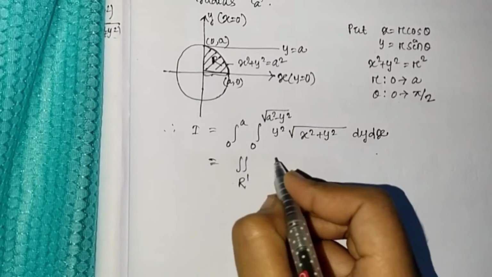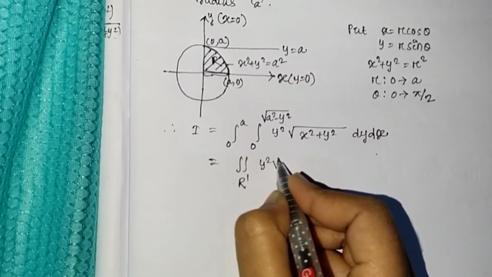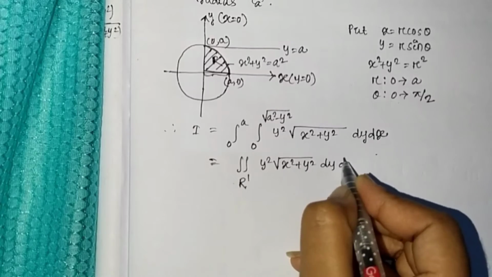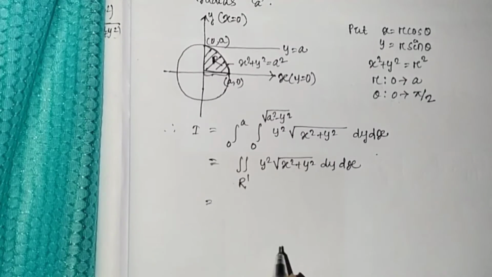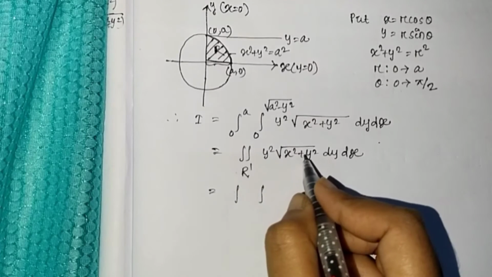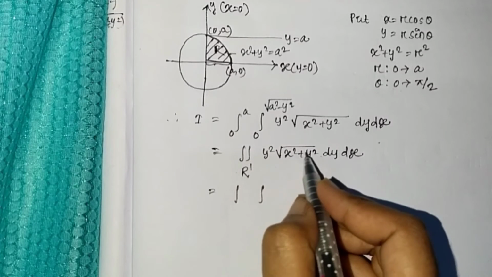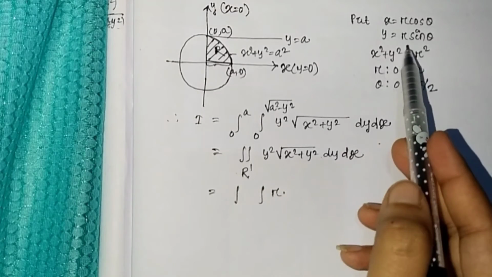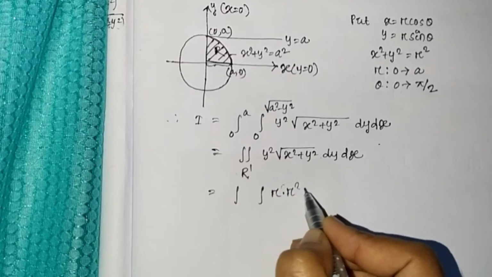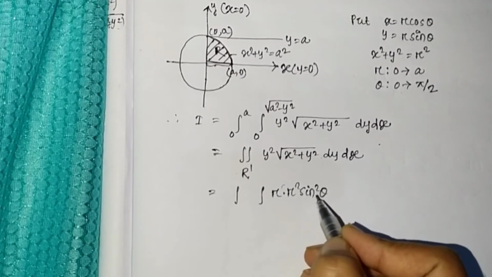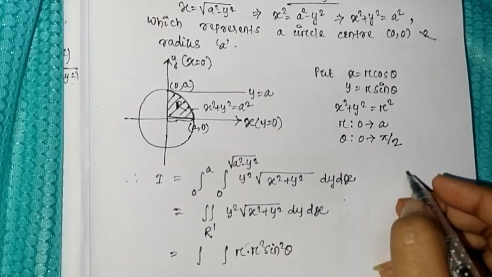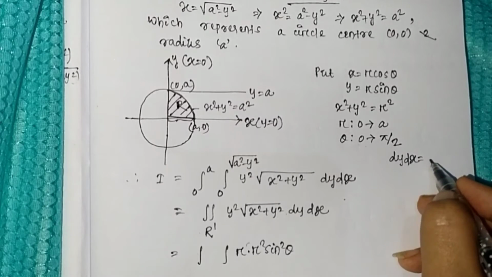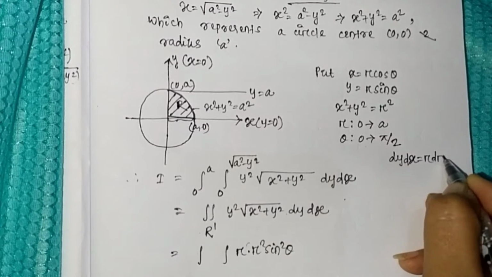Then we change the variables, x equal to r cos theta, y equal to r sin theta. Here x square plus y square is r square, so the root is r, and y is r sin theta. So r square sin theta, and our dy dx in polar coordinates is r dr d theta.